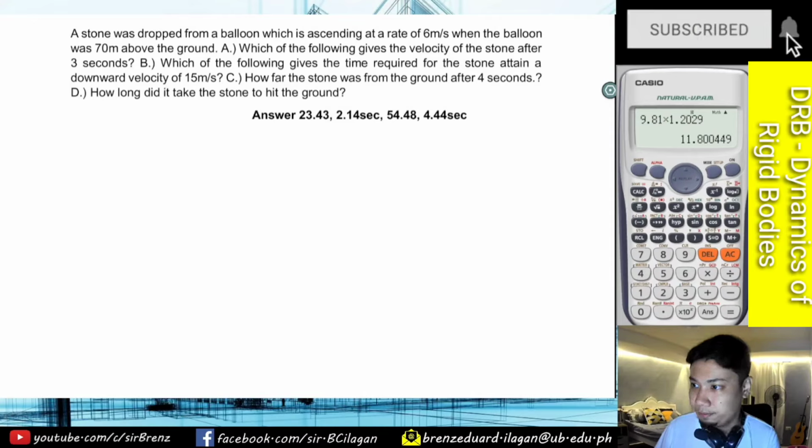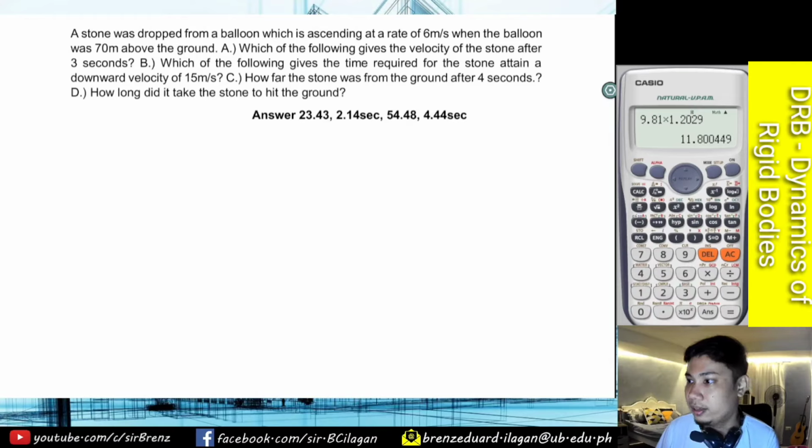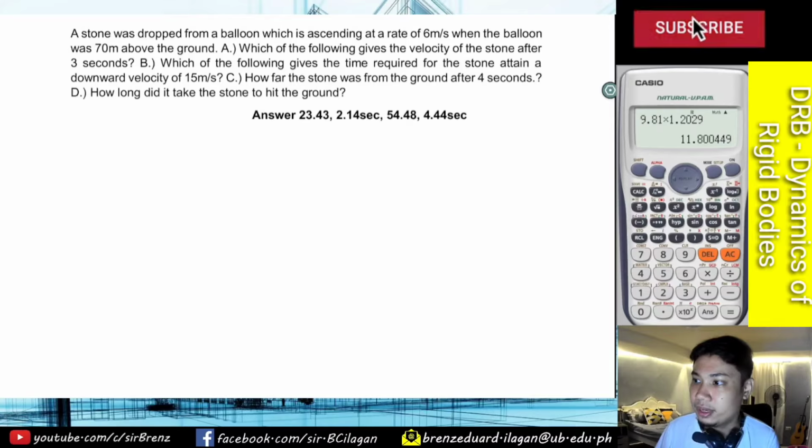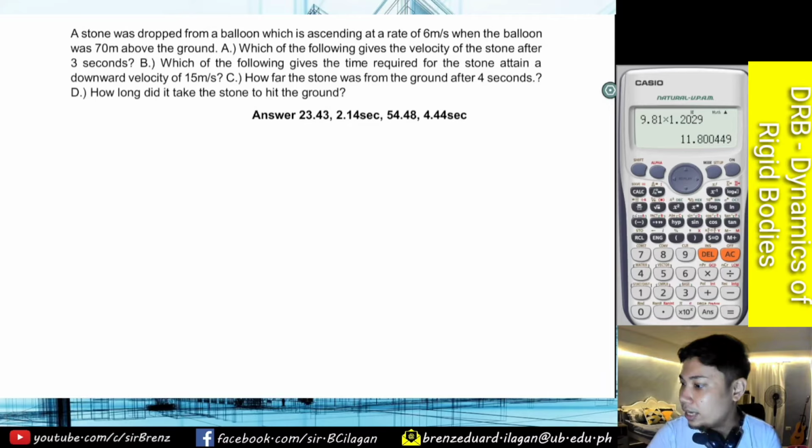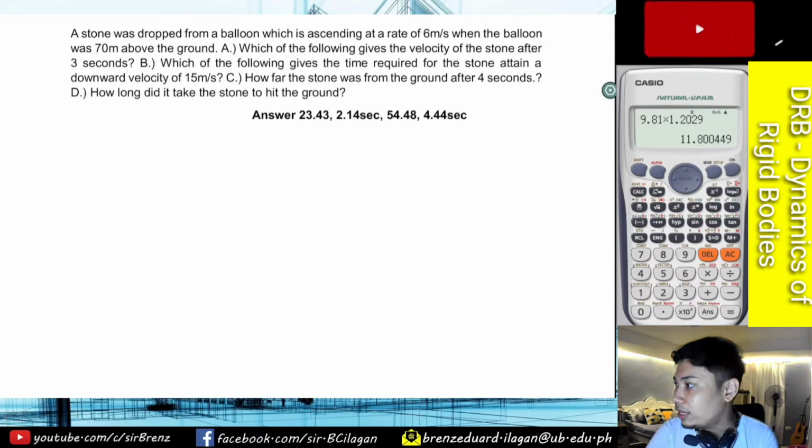For letter B, the time required for the stone to attain a downward velocity of 15 meter per second? C, how far the stone was from the ground after 4 seconds? And for D, how long did it take the stone to hit the ground? So there are many questions here. But before anything else, let's draw the figure again.